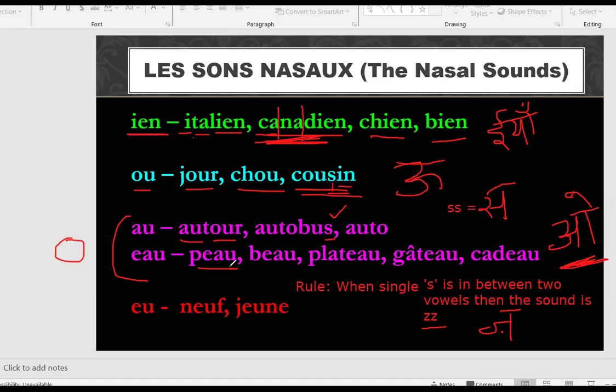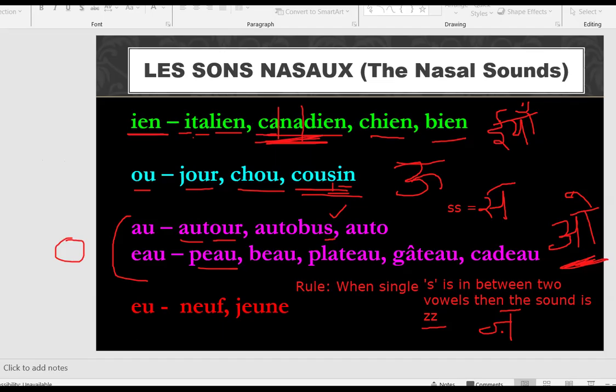Then the next word, cado. Okay, cado. All right.